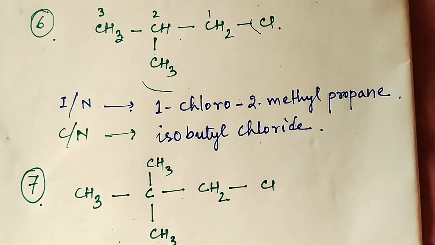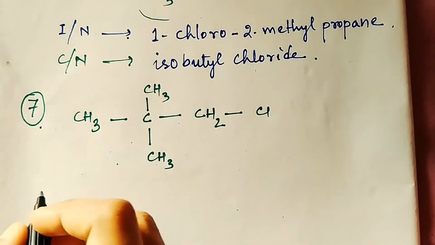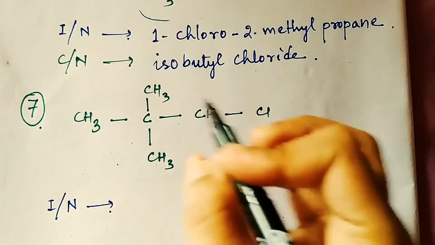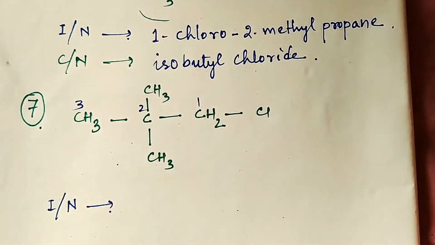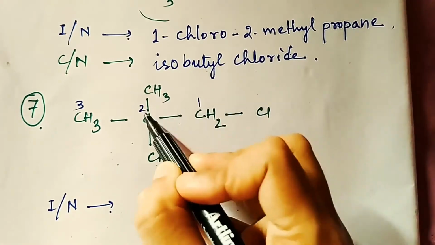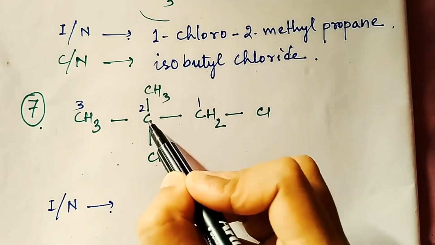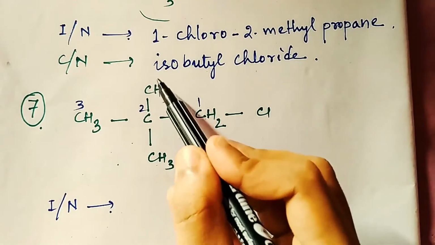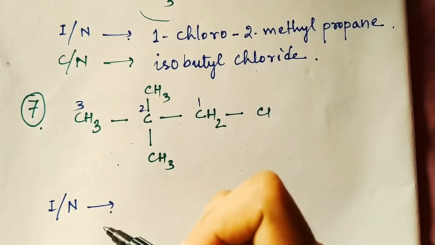If the structure is like this way, then what will be the name? Suppose in case of IUPAC name, first we have to do the numbering. So give the number 1, 2, 3. You can also give 1, 2, 3 from the other side. So on the second carbon atom, you can see two branch groups are present. Okay, 2 methyl groups are present.